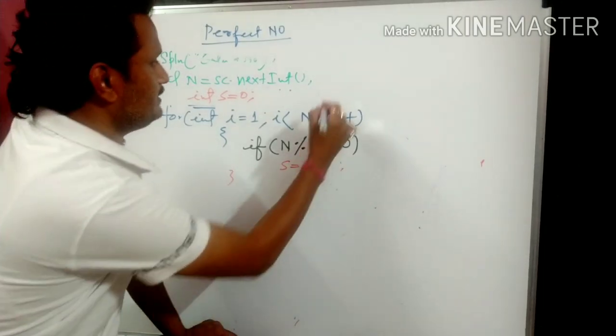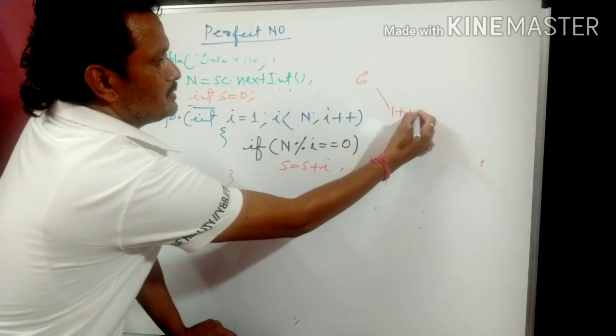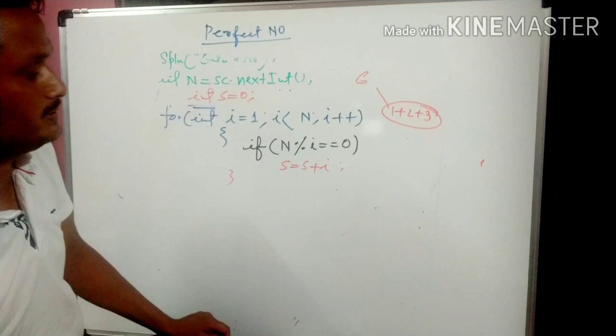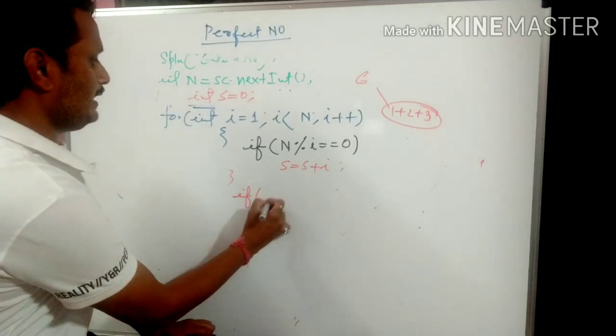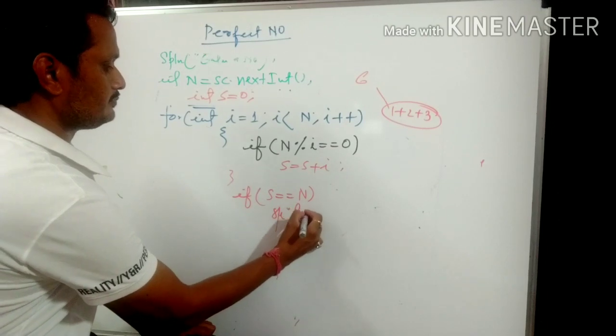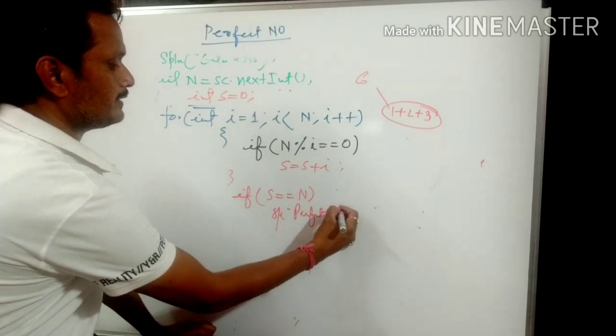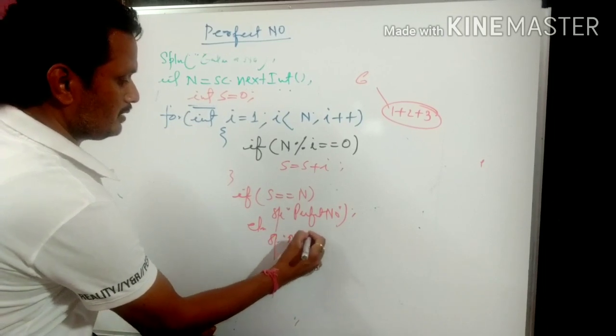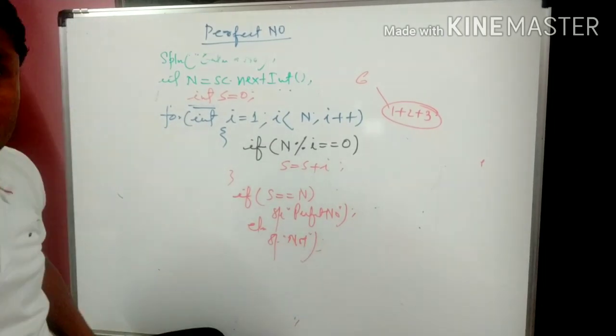So if the number is 6, it is 1 plus 2 plus 3, because 4 is not divisible, 5 is not divisible. And outside of the loop you write: if s is equal to the original number, this is a perfect number. Else, that's all, my dear children.